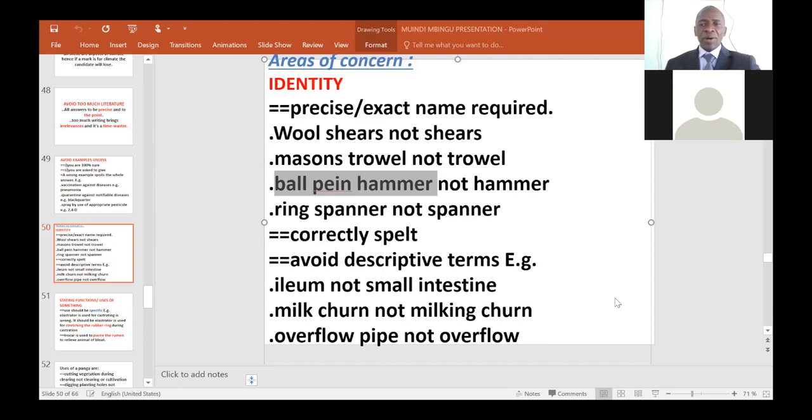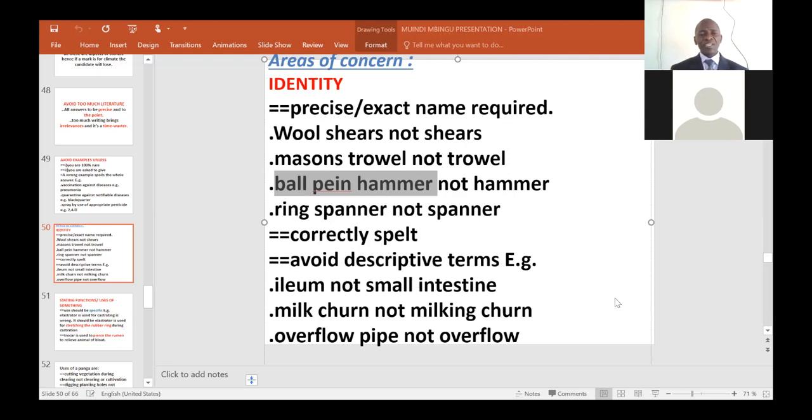So where you are required to identify a tool which occurs in more than one form, please remember to be specific. Milk churn is the correct name of the equipment that is used for holding milk during transportation.